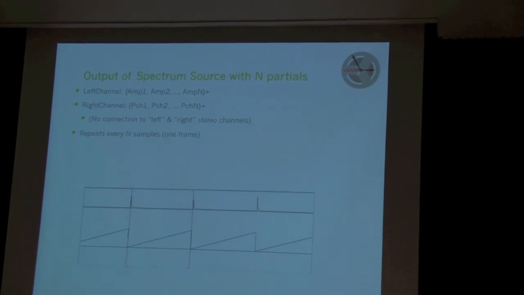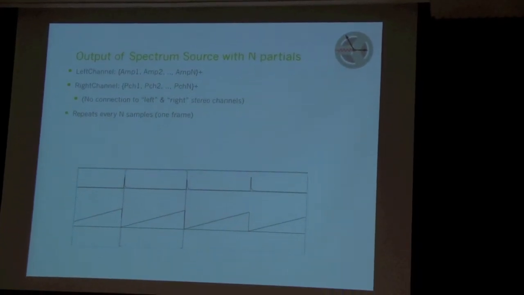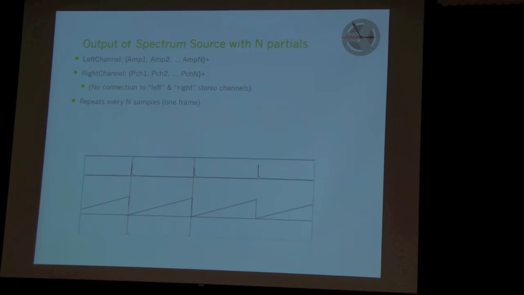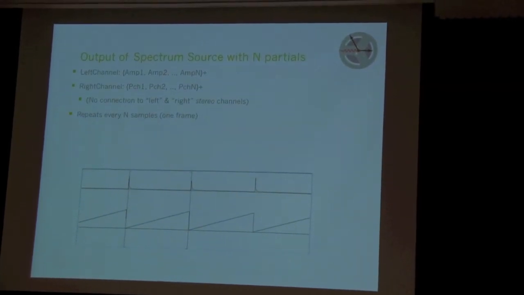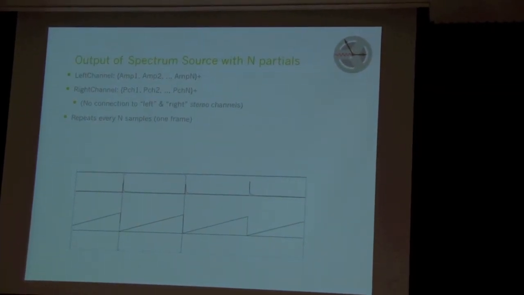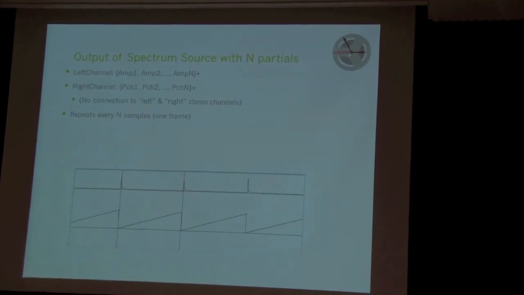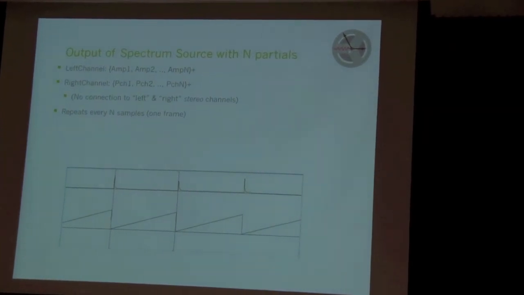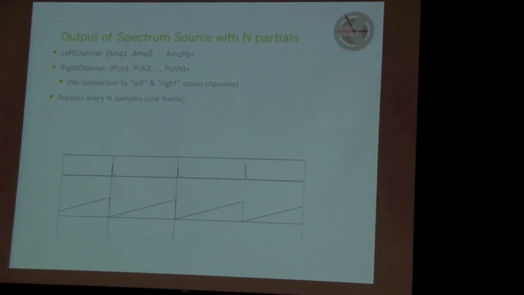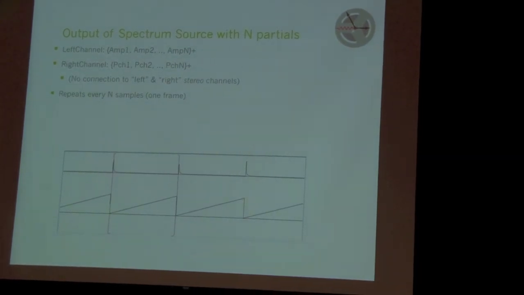The other reason for splitting them up is that you can do some signal processing on the spectral source before you synthesize. But in order to do that, you just have to bear in mind the format of the spectral source.